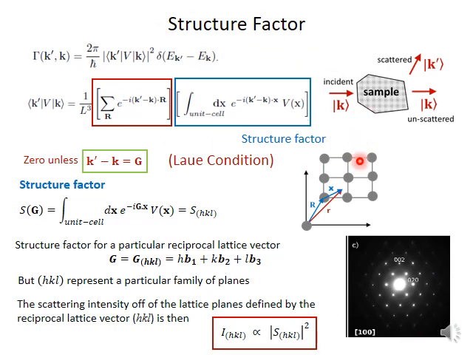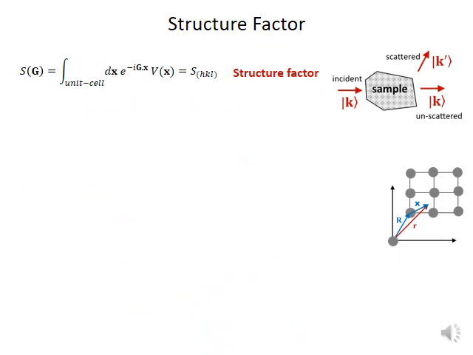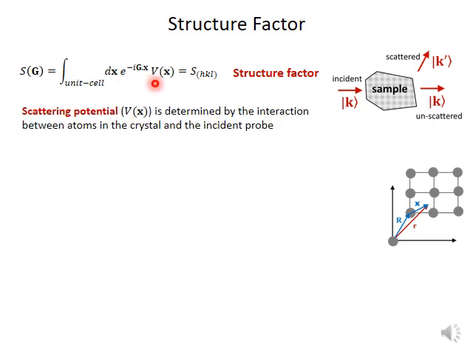So that's what this whole mathematics means here. As we found out, the intensity of scattered light or scattered wave depends on the structure factor, and the structure factor itself is an integral over a unit cell of a scattering potential.